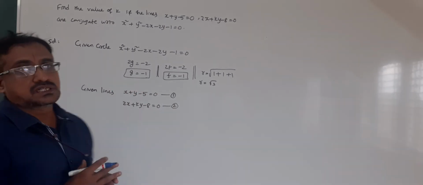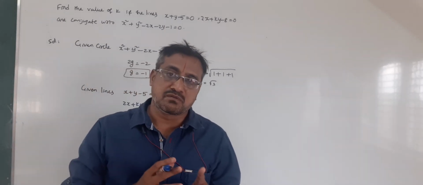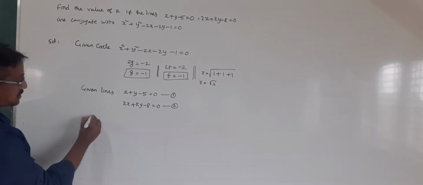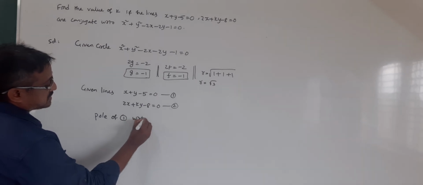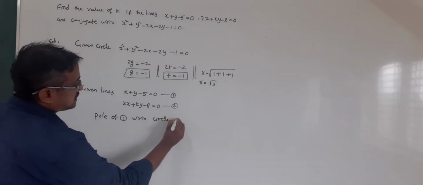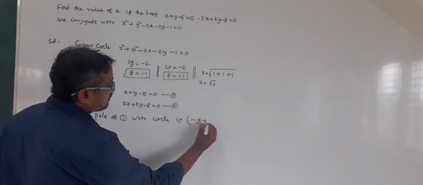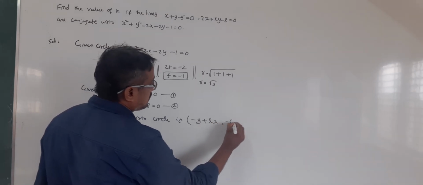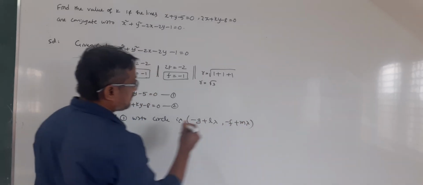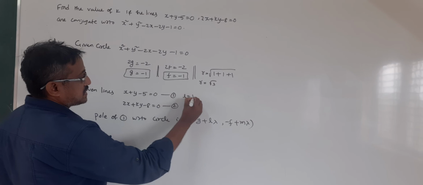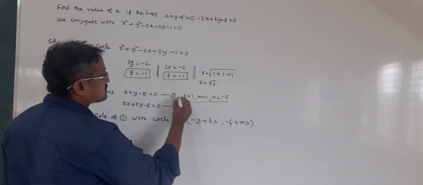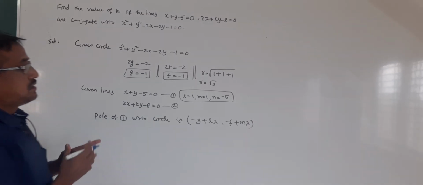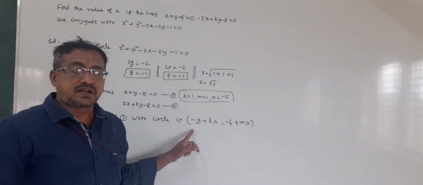Now we consider the pole of equation 1 with respect to the circle. So the pole of equation 1 with respect to the circle is minus g plus L lambda, minus f plus m lambda, where L is equal to 1, m is equal to 1, n is equal to minus 5. We use this formula and find the pole.